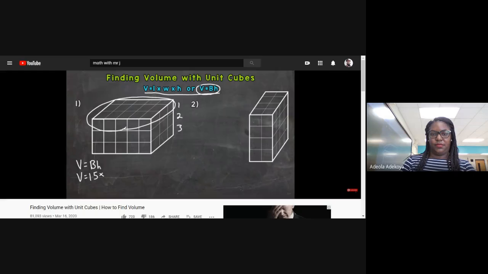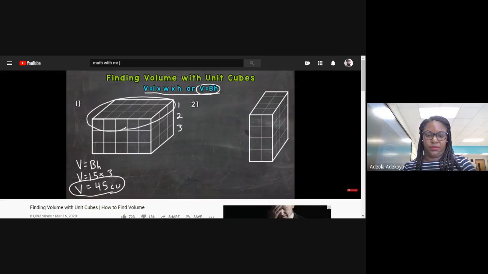So we could do 15 times 3, and that will give us how many unit cubes make up that rectangular prism. And 15 times 3 gives us 45. And I will put CU, which means cubic units.